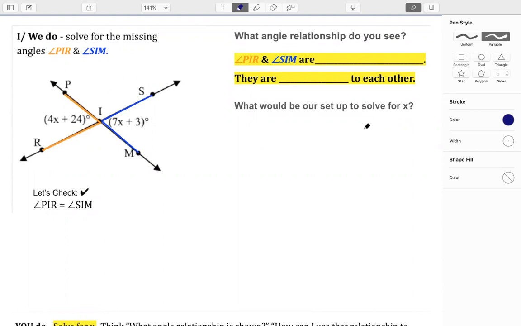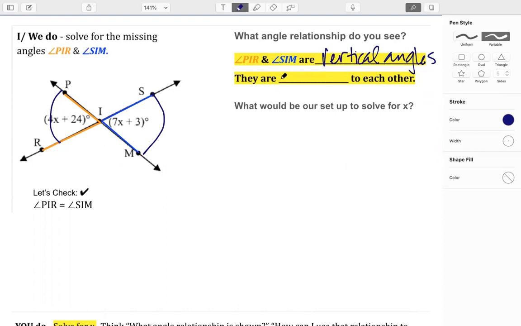Did you guess that these two angles are vertical angles? Remember that vertical angles are angles that are across from each other. So it looks like a little bow tie, right? You have an angle on this end and you have an angle on this end. They are opposite each other, the two angles that they gave us.